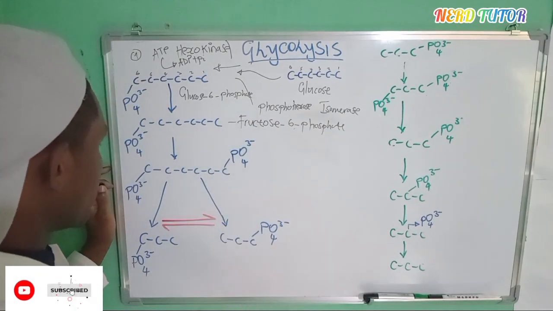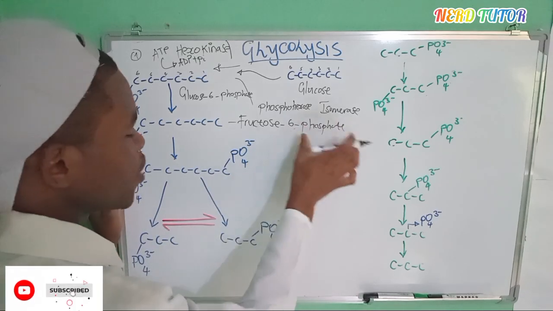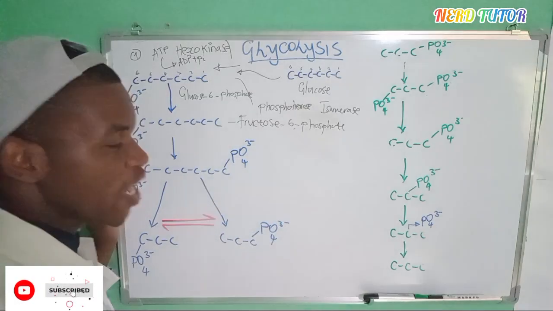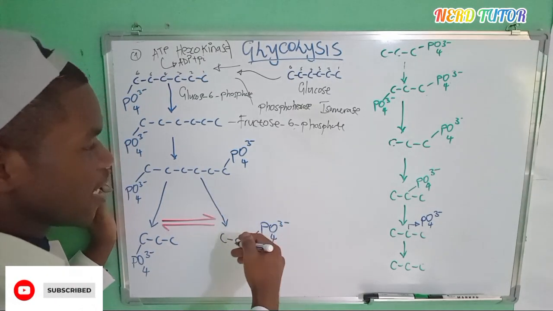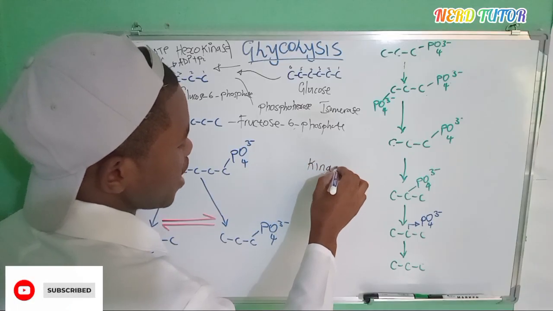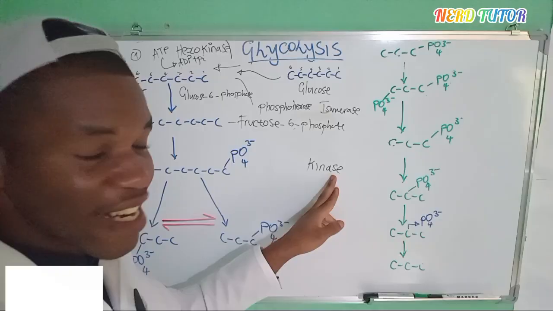Now what next? The next step is to add the phosphate. As you can see, this same isomerized molecule, they have added another phosphate. Each time we are adding a phosphate to something, in biochemistry, whenever you hear an enzyme having kinase, this enzyme kinase carries a phosphate.